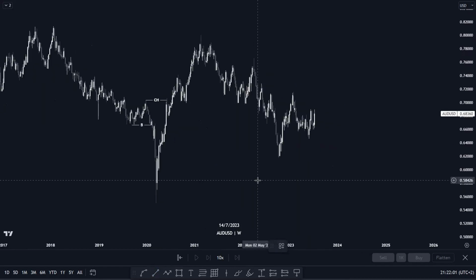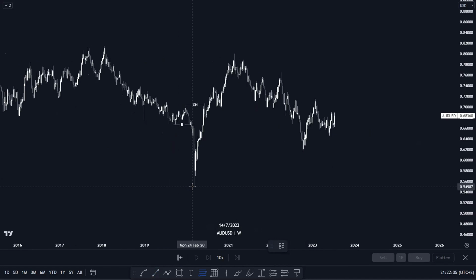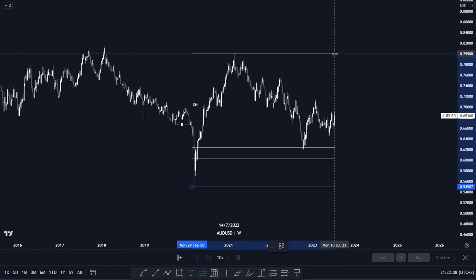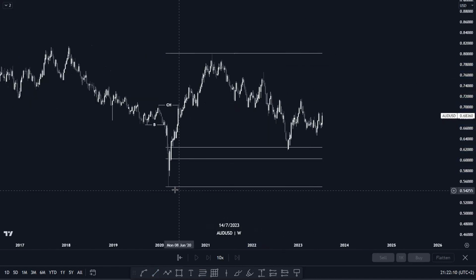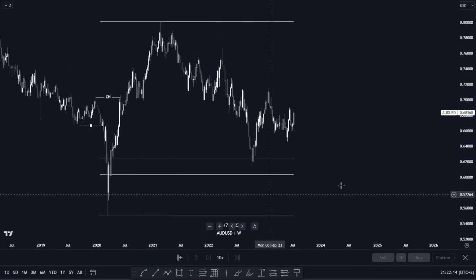Price created this change of character here, and if you take our golden zone entry, price tapped us into a golden zone entry. Okay, let me just mark that out.